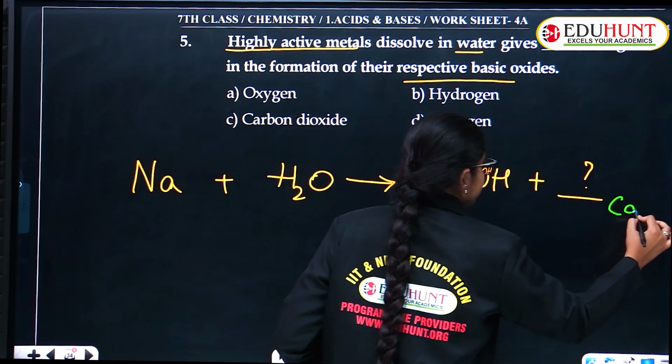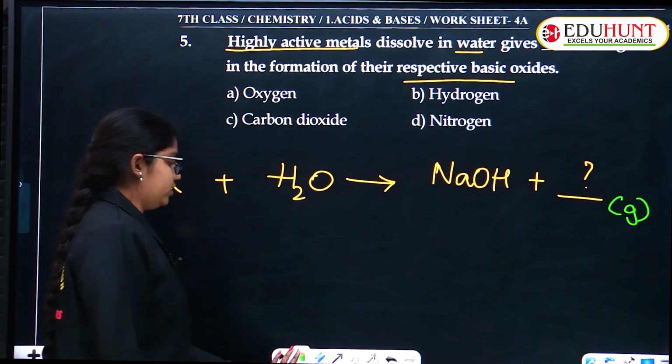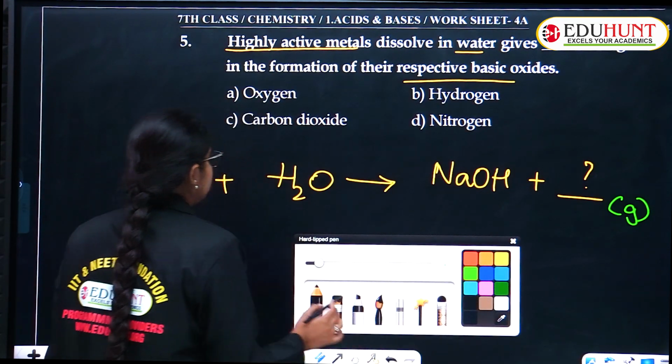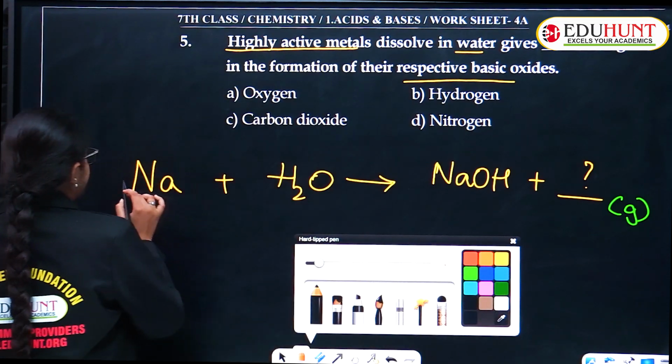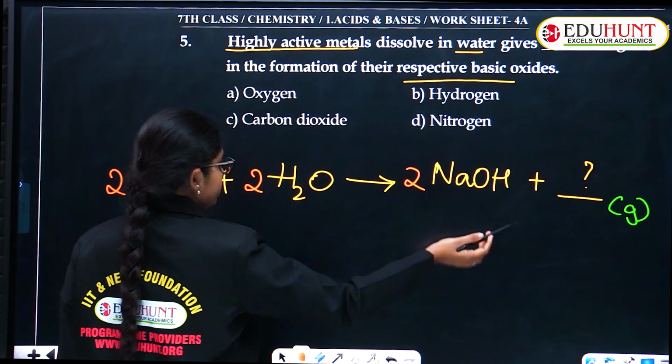Now I wrote the equation for you, you have to find it out. If I take 2 Na plus 2 H2O, it gives rise to 2 NaOH plus what?